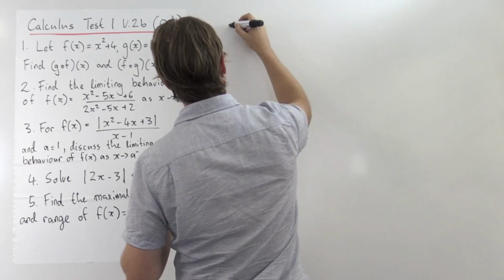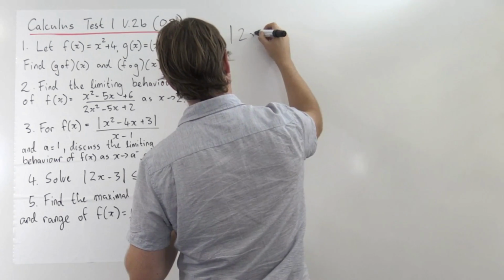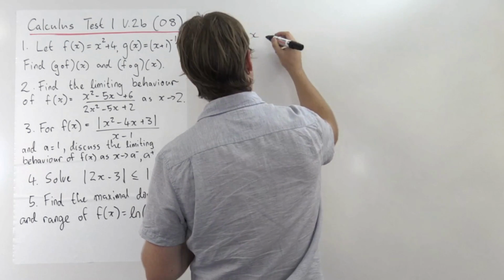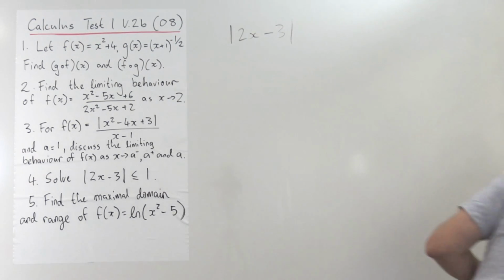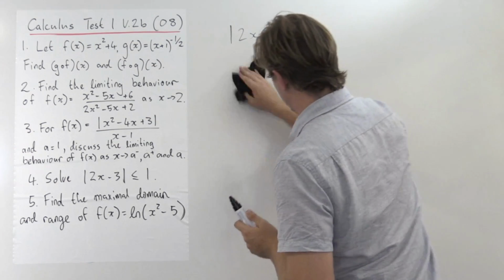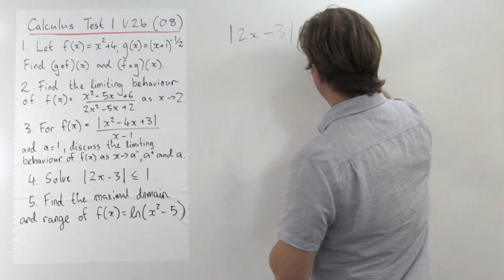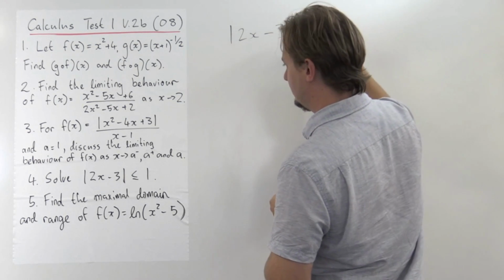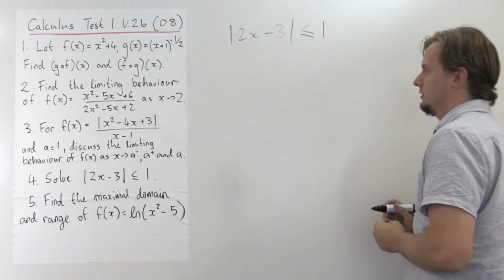We want to consider the inequality where the absolute value of 2x minus 3 is less than or equal to 1.